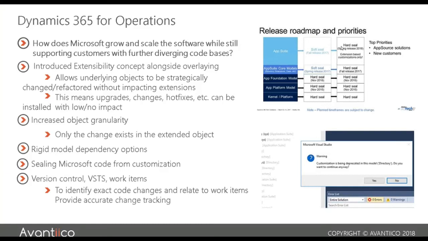If you've got a piece of code that you've modified and overlaid, and you really need it, Microsoft has an invitation program where you can request that they refactor their code or provide some hook or mechanism to allow you to keep that modification without overlaying the code.